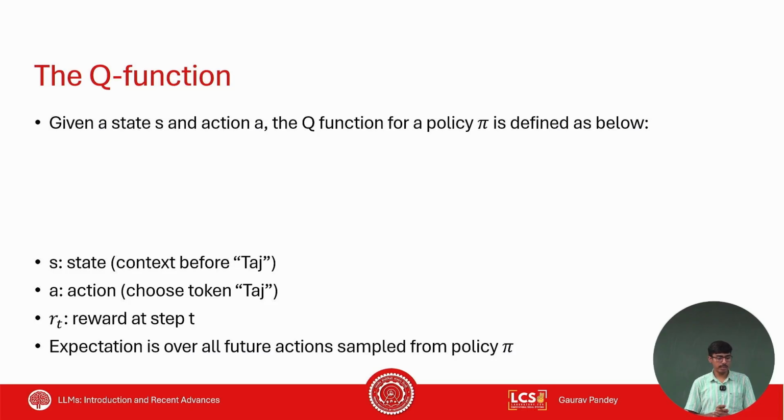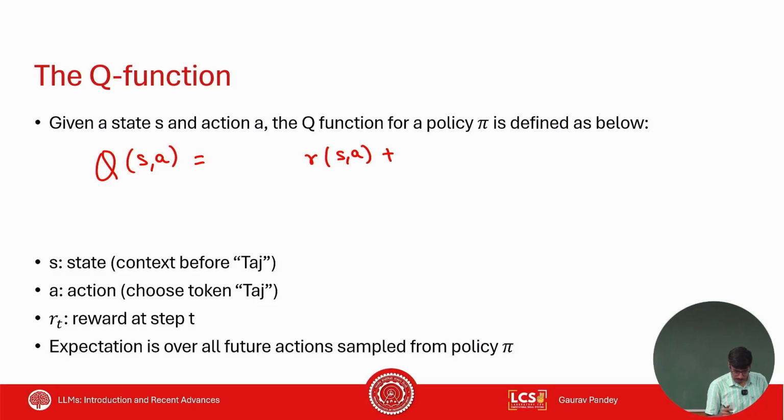If you are in state S and you have taken action A, where state is basically all the tokens so far and action is whatever token you generate just now, then the Q function is the reward of the current state and action plus what you get if you continue from that point onwards.